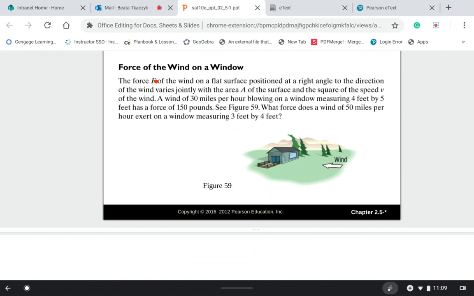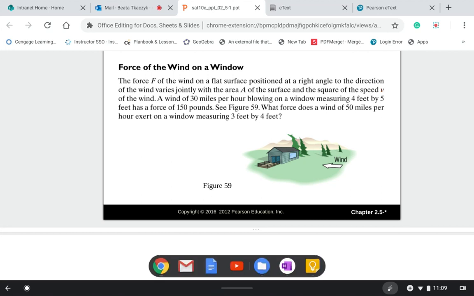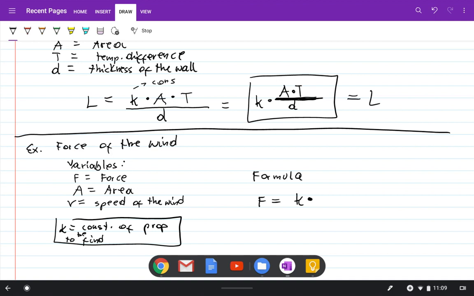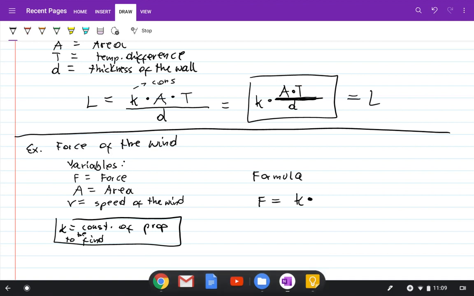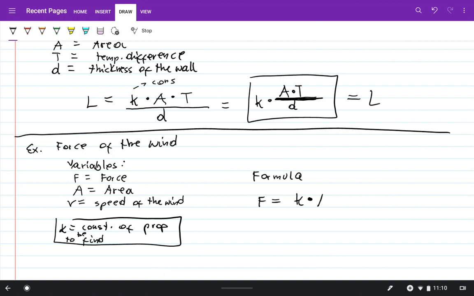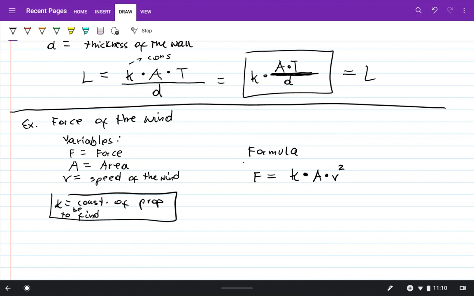F, the force of the wind, varies jointly, so I know it's only product here, with the area, so A times the square of the speed, so that will be A times v to a second power. So the formula will be constant, varies jointly with area and speed square, which is to a second power. So that's going to be the formula which we're going to use.